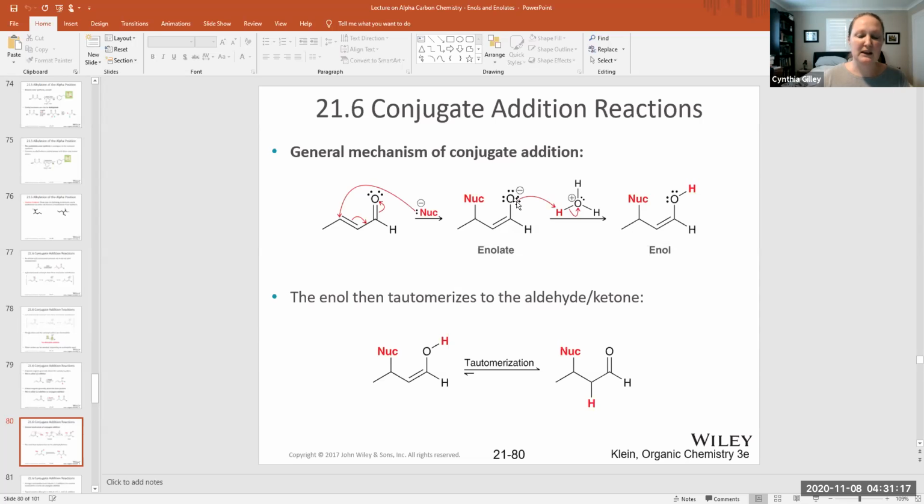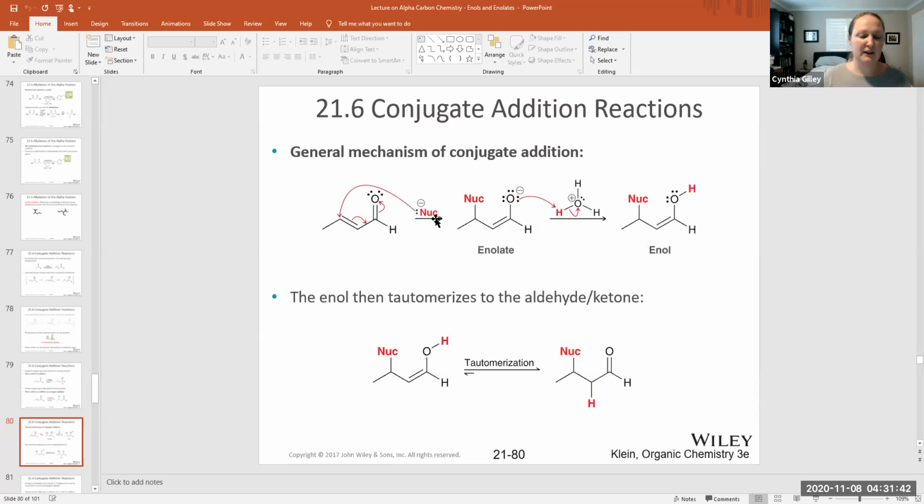And if you draw out the intermediate that forms from direct nucleophilic attack at position 2, notice that the alkoxide, or the negatively charged oxygen, is localized. And because this carbon becomes sp3, that lone pair is not delocalized with the pi bond. So that intermediate is much less stable than this intermediate.